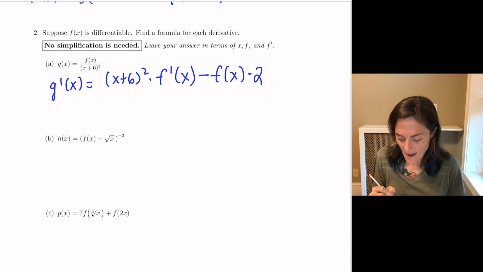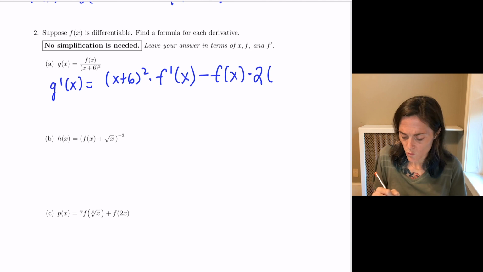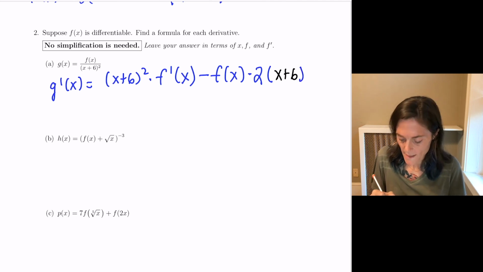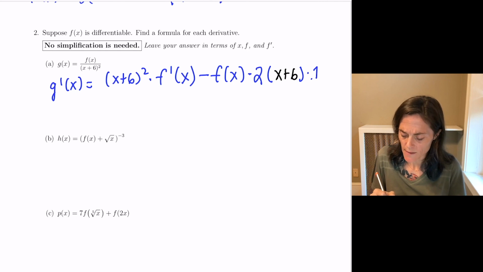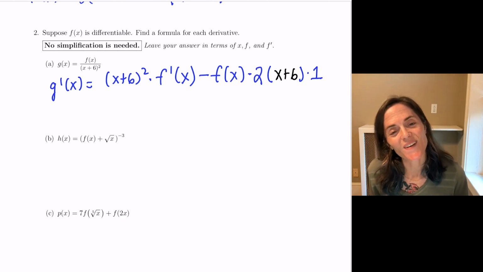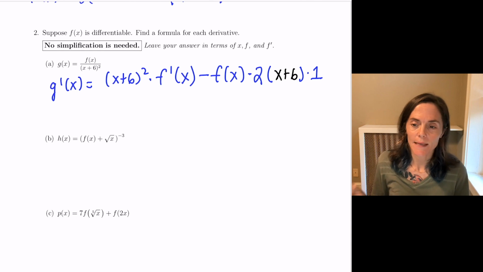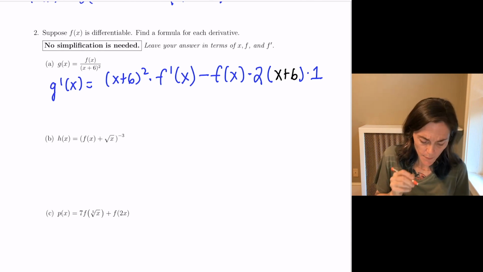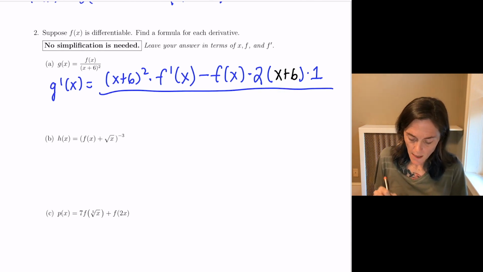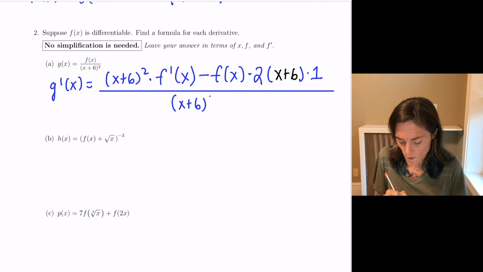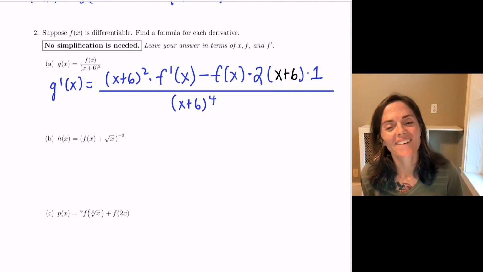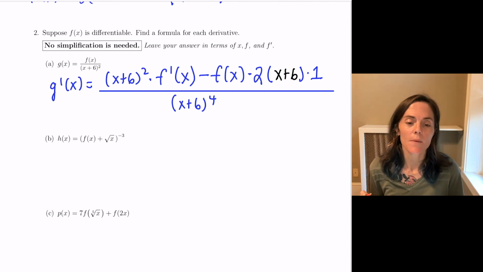Bring down the power, leave the inside alone to the 1, and then times the derivative of the inside function. If the inside function has derivative 1, you don't really need to write it, but I did. And then all over the denominator squared. So it would bring it to the 4th power. Here is g prime of x.